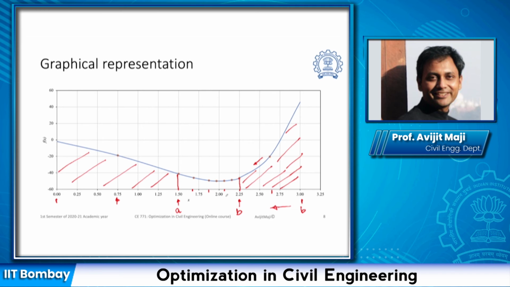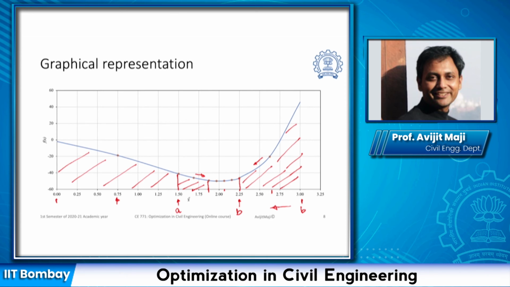Now again, if we look into the function values very closely, we'll see that the function value is reducing in this direction, and it is continuously reducing till we reach the second quarter point. Hence, as per the region elimination rule, we can eliminate the region on the left hand side of the middle point.